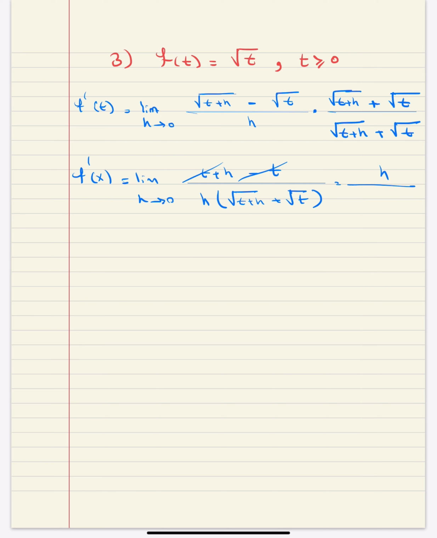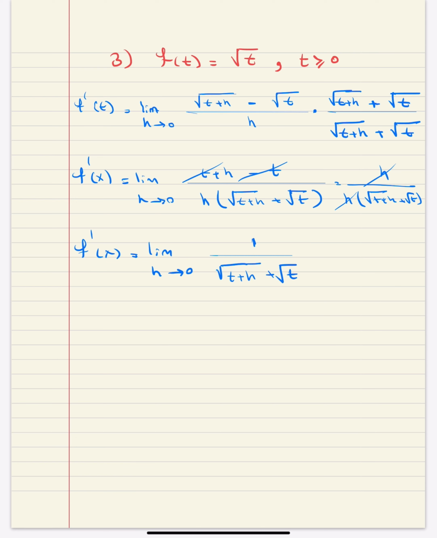And we already have an h in our denominator, so we could simplify this further and cancel out the two h's. Therefore, our first derivative, as our limit approaches 0, would simply be 1 over the square root of t plus h plus the square root of t.